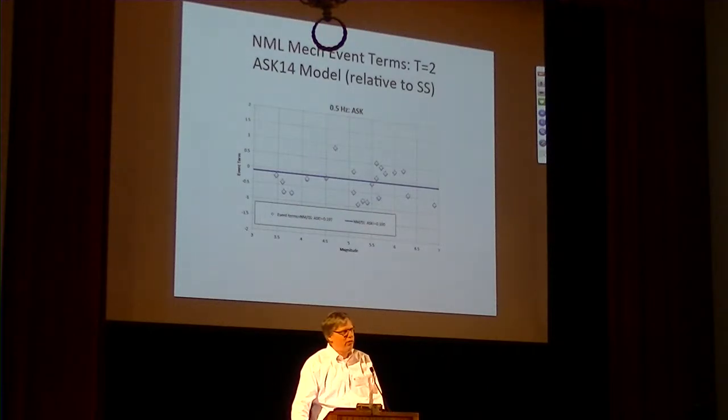So that was one of the questions we asked the developers during workshop 2. What's the uncertainty in your normal faulting factor? The uncertainty came out to be somewhere around 0.1 or so natural log units. So you could say it may not be statistically significant.